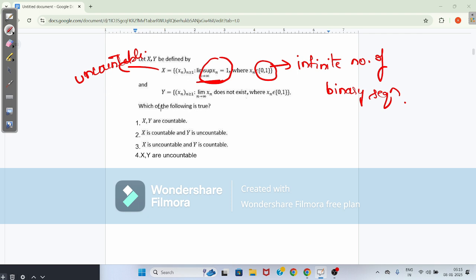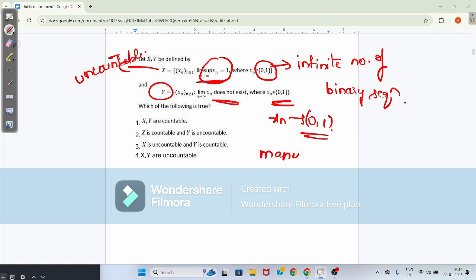Okay, now when this limit does not exist, it means this value of xn oscillates between 0 and 1 many times.